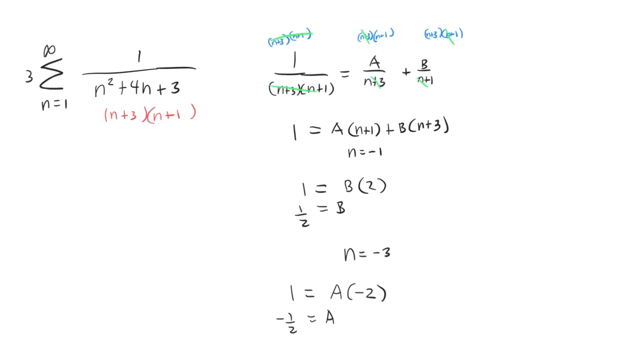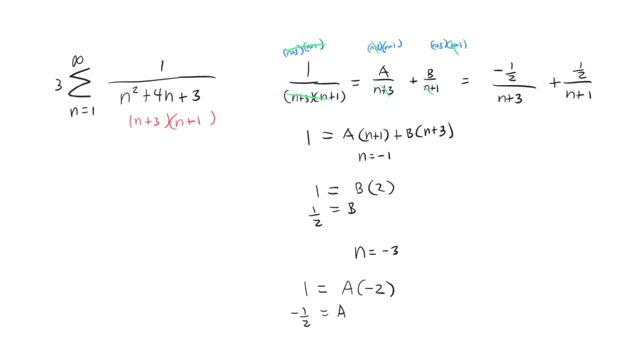So therefore, we could rewrite this scenario as -1/2 over n plus 3 plus positive 1/2 over n plus 1, right? Now, I'd like to rewrite this to replicate the earlier problem, where it's going to be something positive minus something.